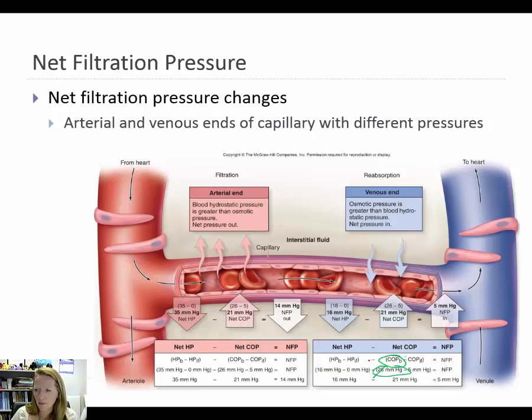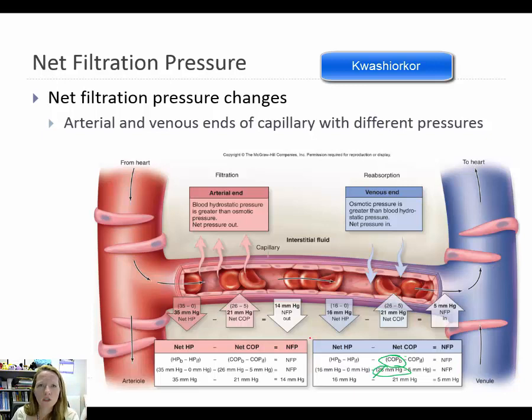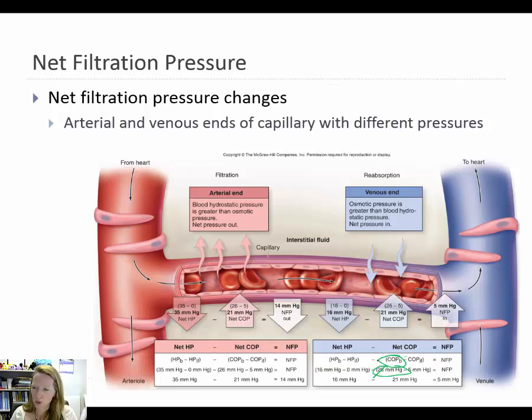Or there's an interesting condition called kwashiorkor that can occur in third world countries where there is a protein deficiency in children, to where they're not able to produce proteins because of their diet. But it is going to drop this number. Let's say that it drops it to 10.